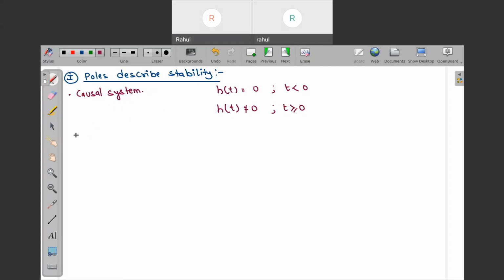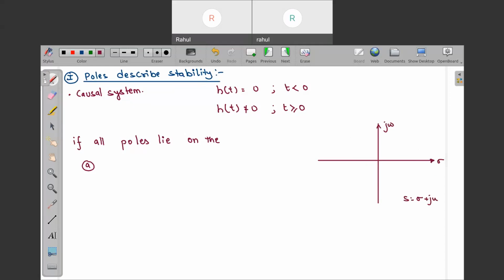So for a causal system, the condition of stability is this. This is your S plane. This is sigma, this is j omega; this is the real part of S, this is the imaginary part of S. So S is equal to sigma plus j omega.